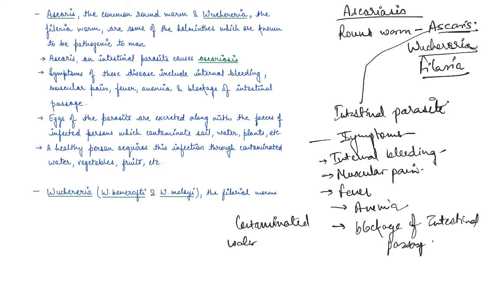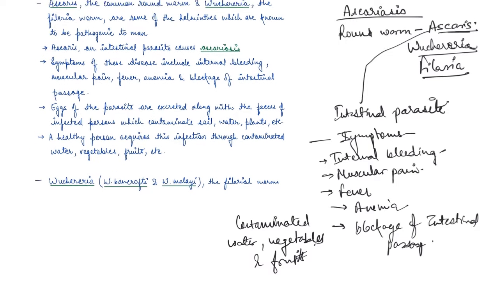And again, you transfer it to the soil through your feces, and again it gets mixed and contaminates more people. In the same way, we have Wuchereria, which causes filaria, right?